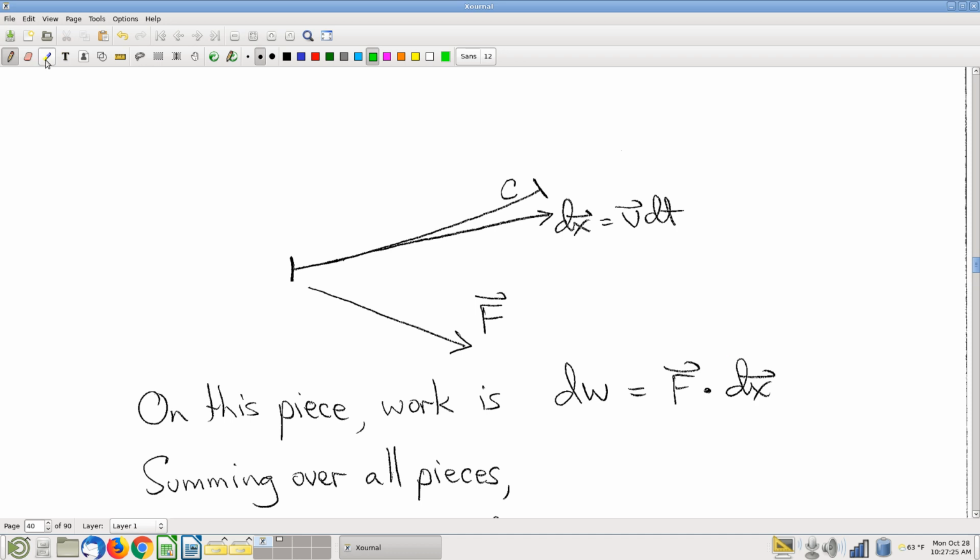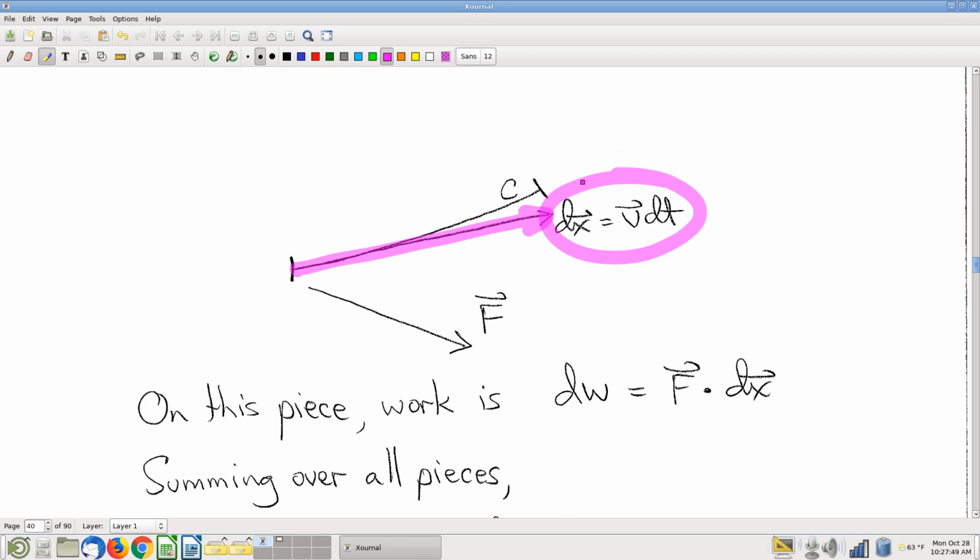Then let's look at this little piece of curve. Not exactly straight, but it's pretty close. That little piece of curve is very closely described by this vector that we motivated a long time ago, the dx vector, velocity times dt.